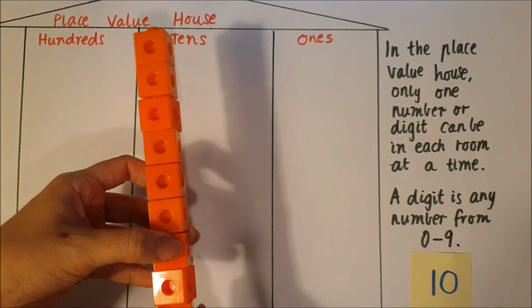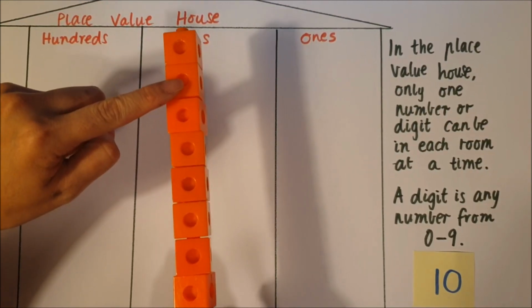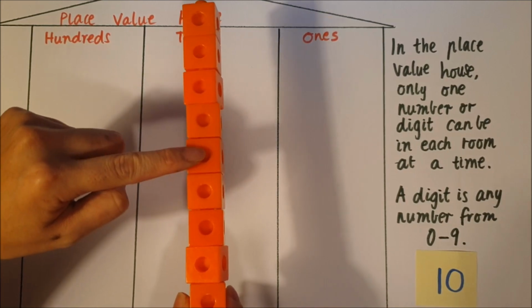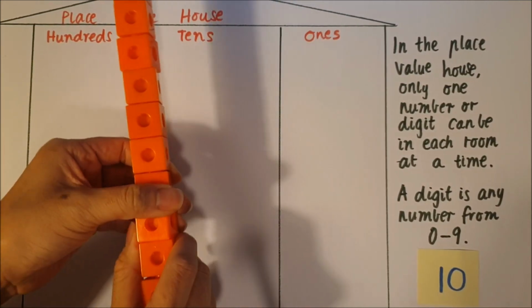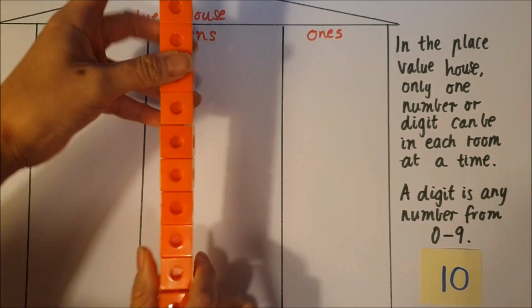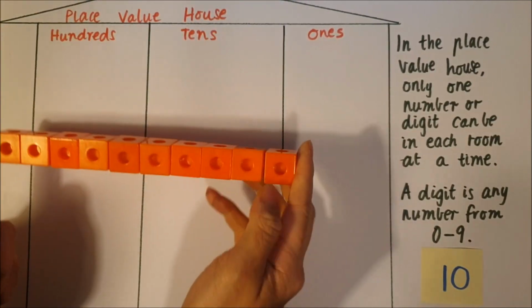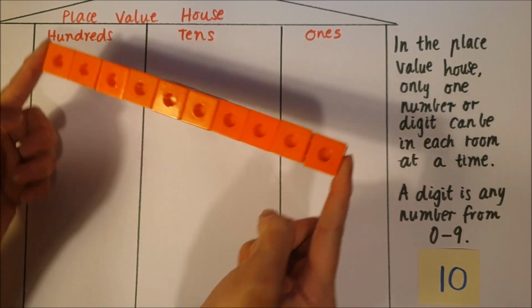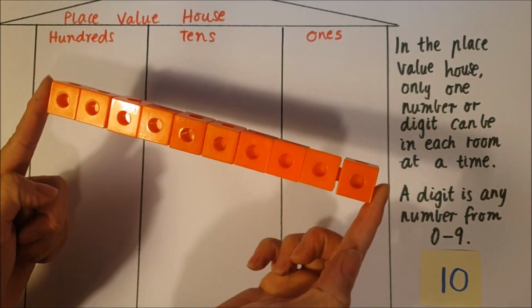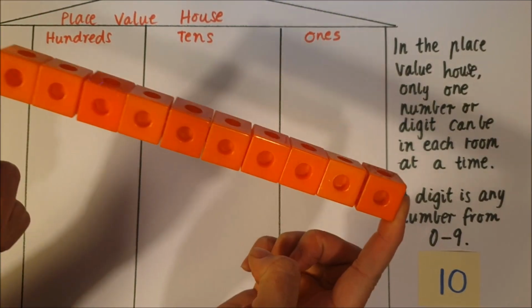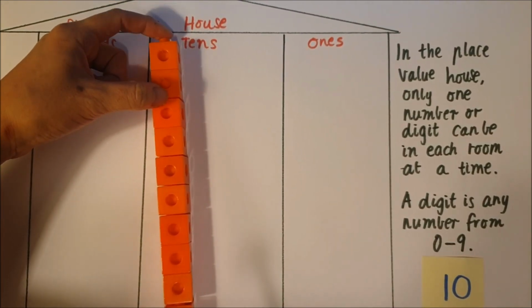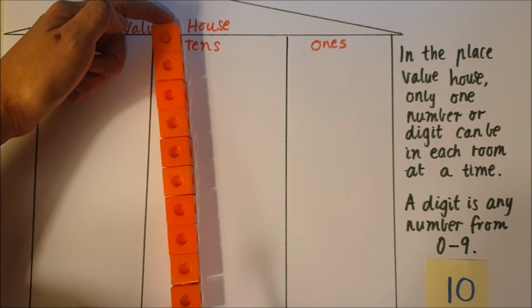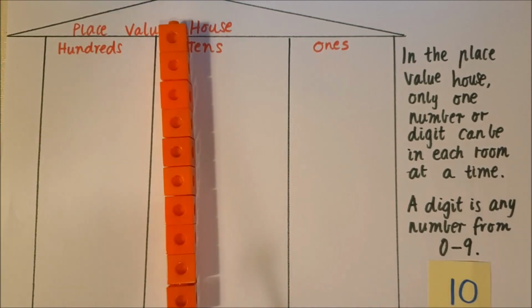So I still have, let's count, 1, 2, 3, 4, 5, 6, 7, 8, 9, 10. So here Miss Sang has 1 10 stick. I've just bundled my 10 blocks into a 10. This is a lot easier for me to count. So here I go, I've got the 10, 1 10.